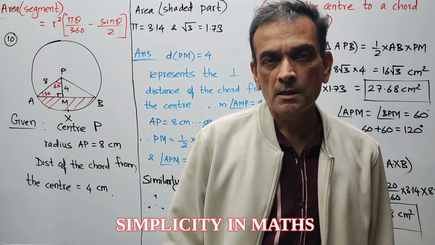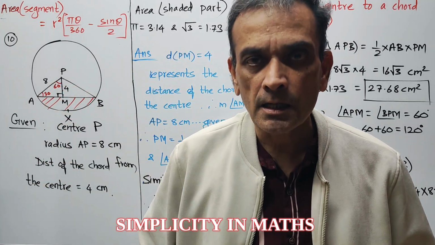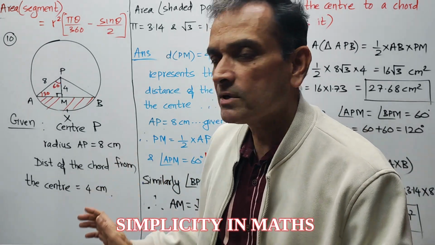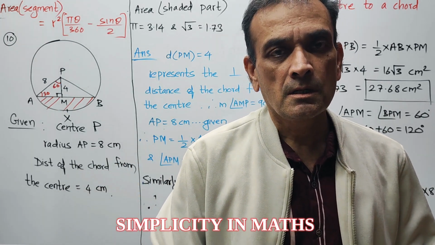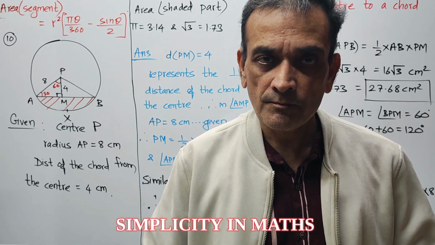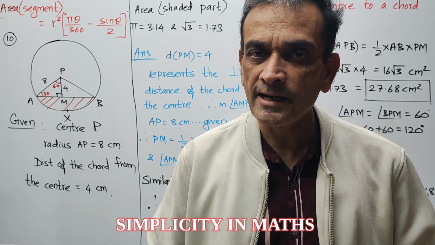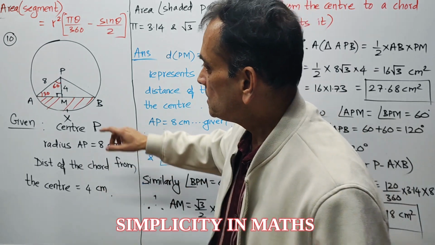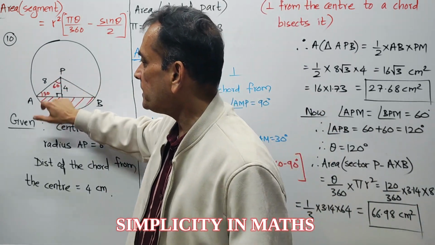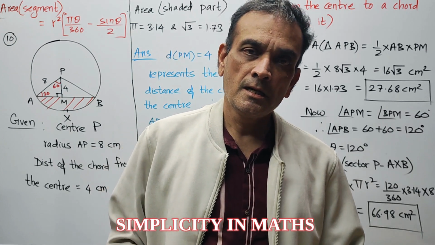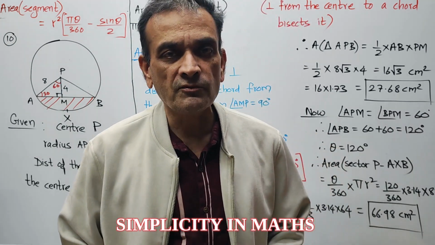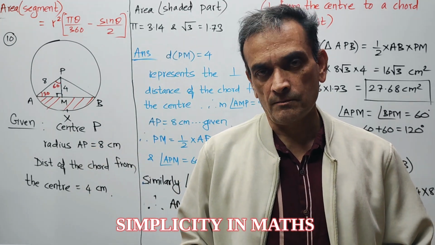Right? So in a right angle triangle, when any one side is half the hypotenuse, the angle in front of that side is 30 degrees. Because PM is half of AP, angle PAM has to be 30 degrees. Reason is converse of 30, 60, 90 triangle theorem.